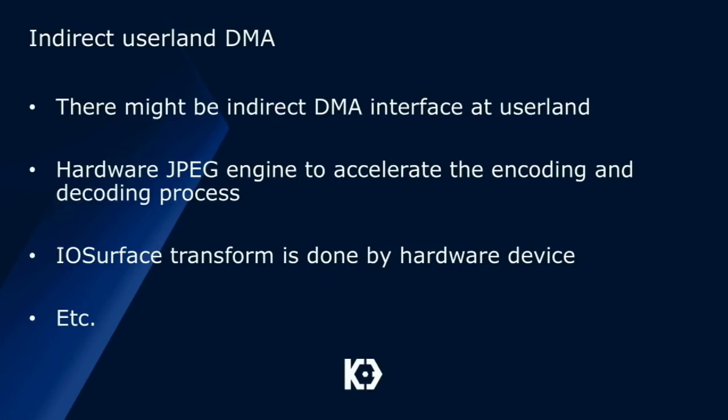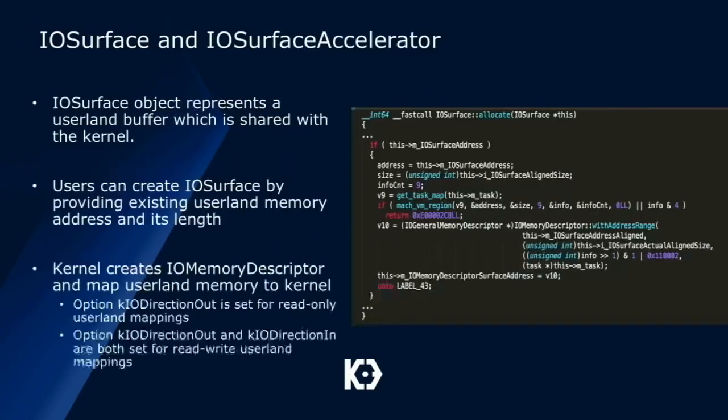For example, the iOS system has a JPEG engine, which is responsible for accelerating the encoding and decoding process. And in another scenario, there is the I/O surface transform, which is actually done by a hardware device called the scaler device. We will look into the iOS transform feature a little bit.